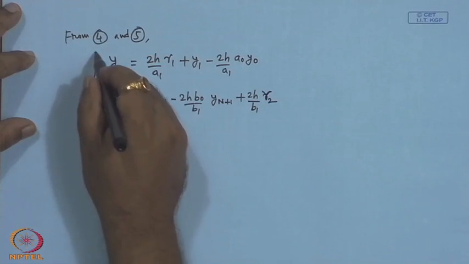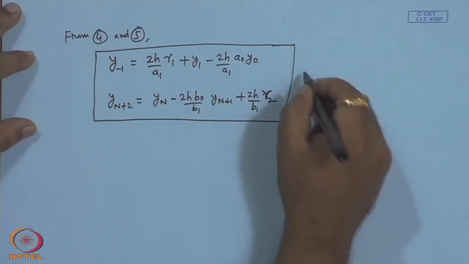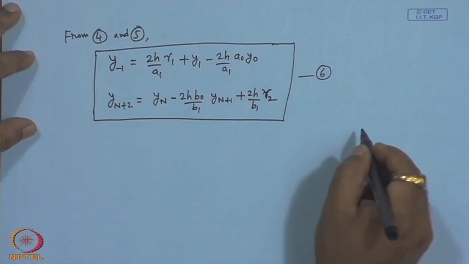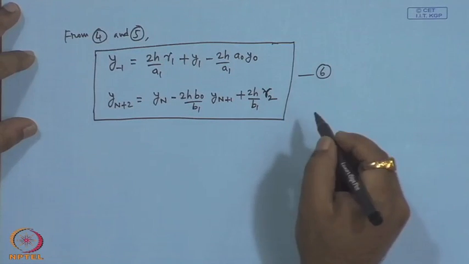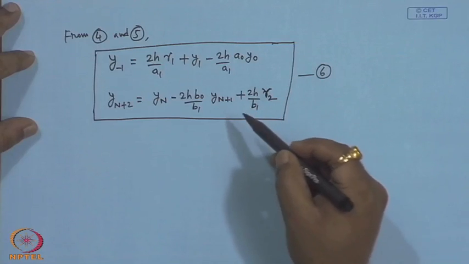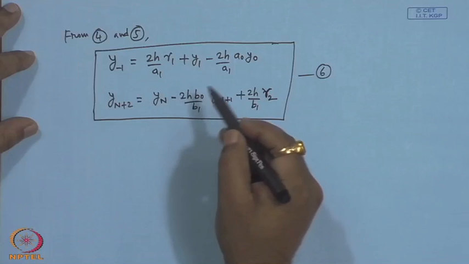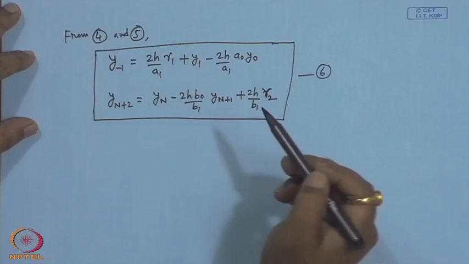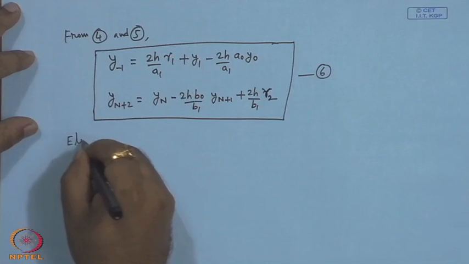The fictitious values have been expressed like this, but unless we get rid of these two, we do not end up with unknowns equal to equations. So, what is the next step?